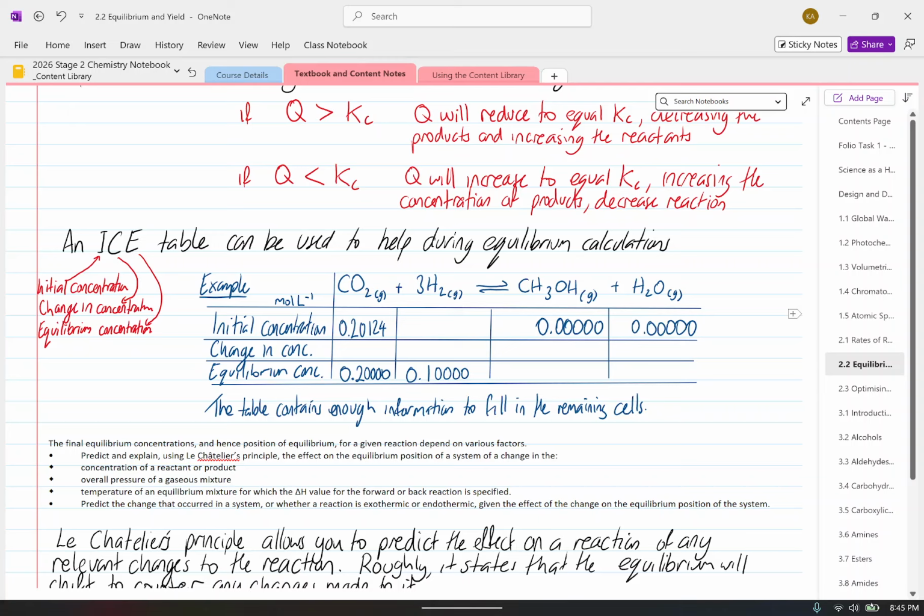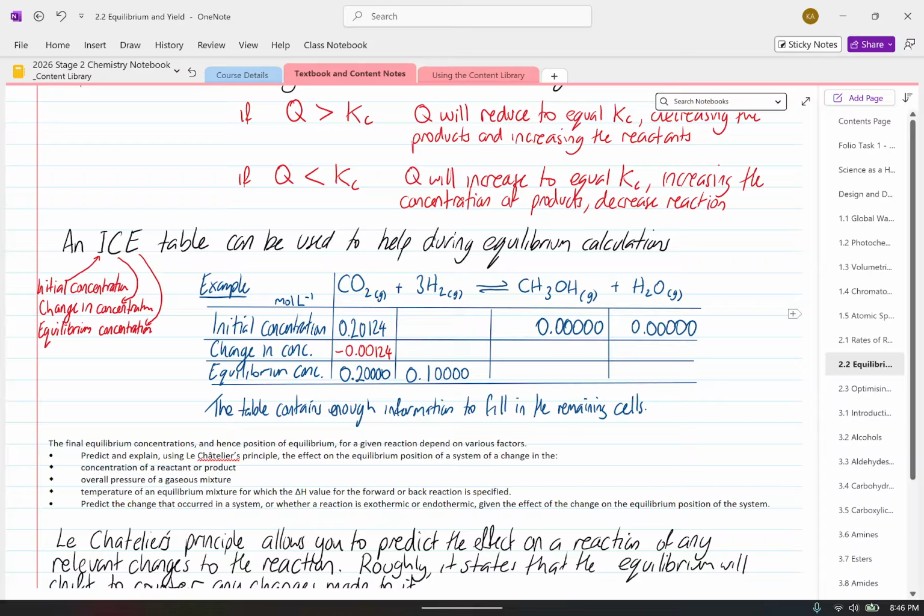What you can work out from here directly is the change. In this case it's dropped, so it's negative 0.00124. It's quite a small amount. The important bit is that if we decrease the concentration of this reactant, the only way that could happen is for the reaction to have proceeded forwards. If we use up our reactant, we gain products.